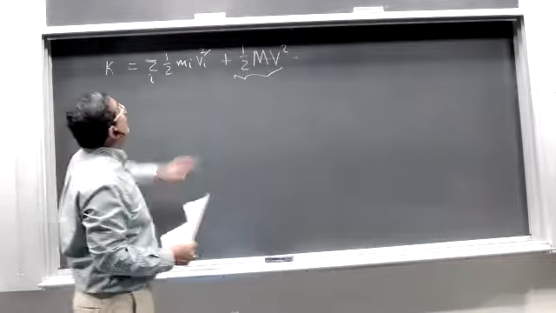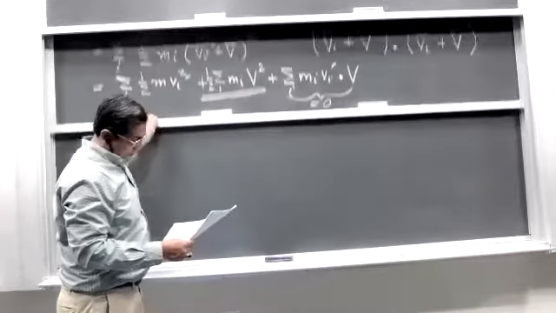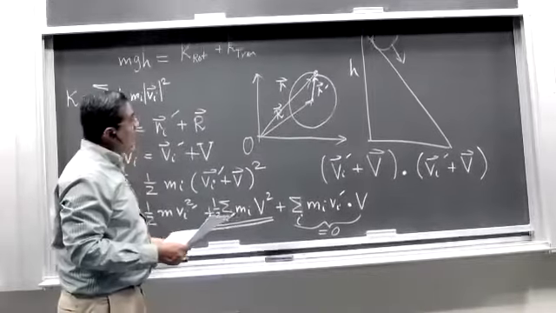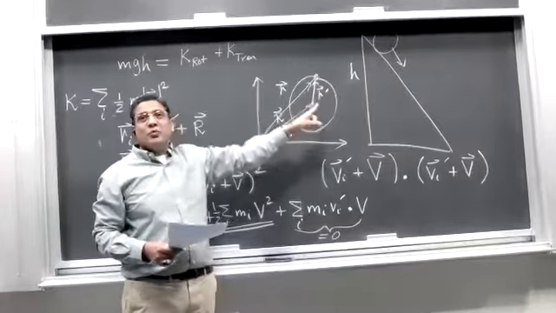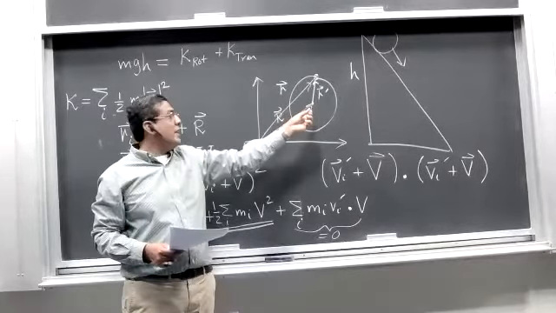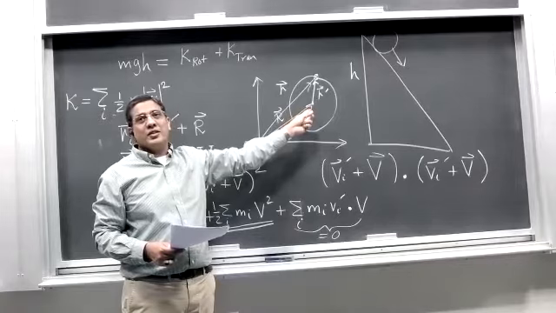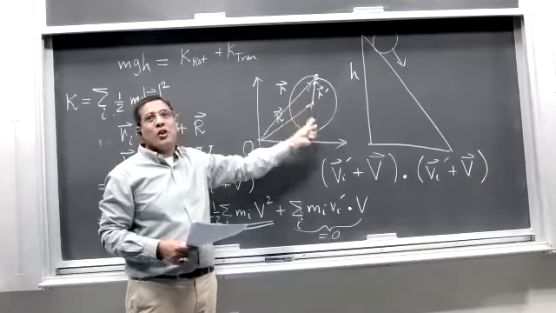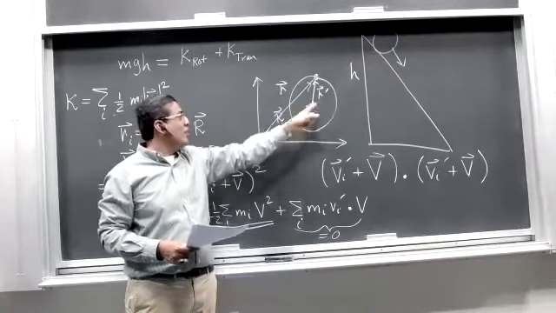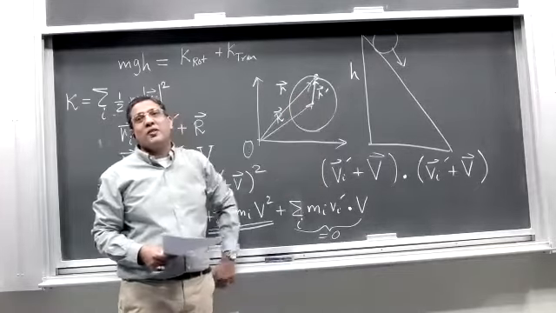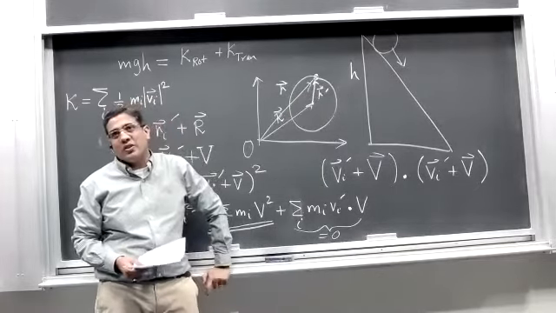Now let's say that this object is executing a fixed axis rotation. Fixed axis rotation means every point on the object is moving with the same angular velocity. Let's call that velocity omega.